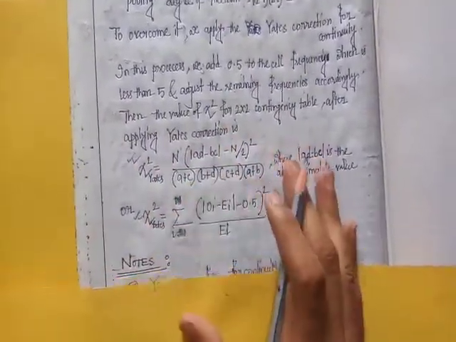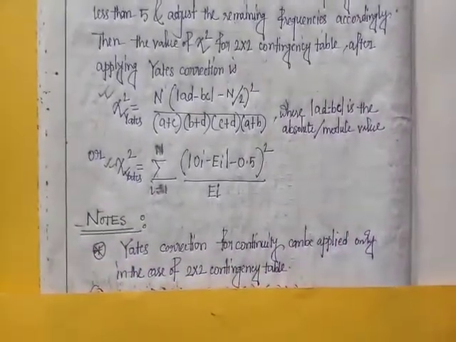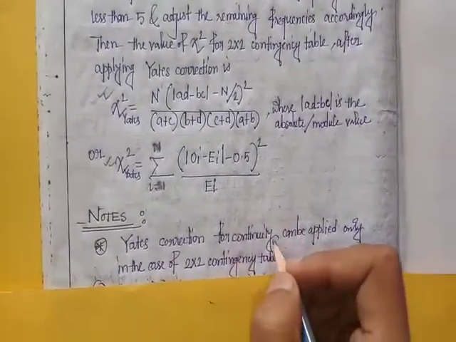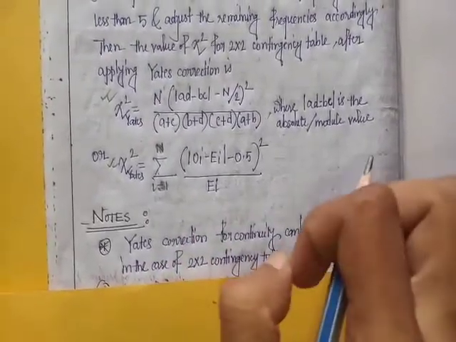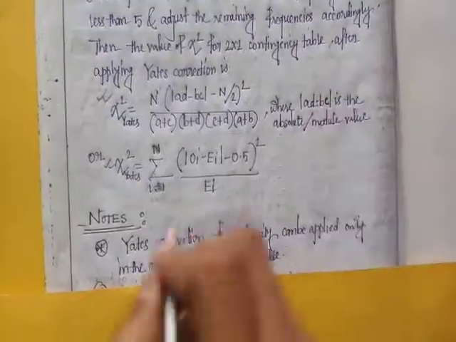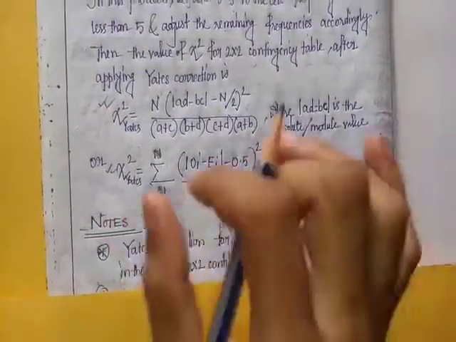Notes. Yates correction for continuity can be applied only in the case of 2x2 contingency tables.